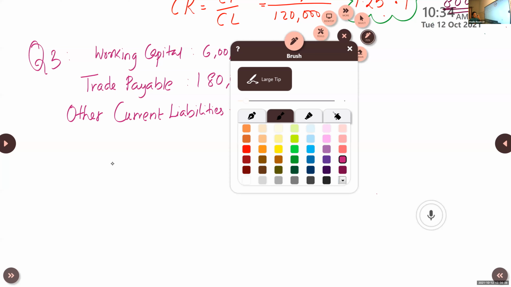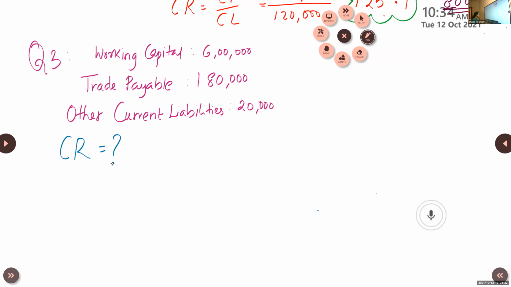So working capital, how to find working capital? What is the formula to find working capital? What is it, Anila?